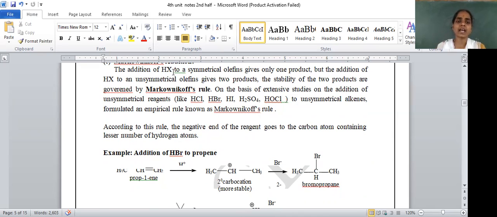As we said, it is a hydrogen halide, so that means hydrohalogenation of the unsymmetrical alkene, where the hydrogen is added to one carbon and the halogen, the negative part, is added to the carbon which has fewer hydrogens. Such products are called stable products.